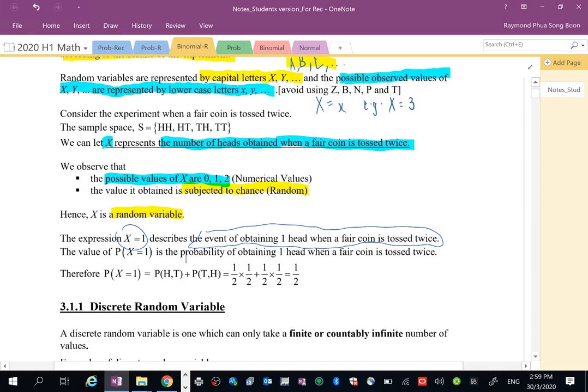We have learned in the previous topic in probability that it equals the probability of head tail plus the probability of tail head. So you substitute the respective probabilities and add the 2 possible cases, and you will get your answer for probability X equals 1 as half. That means the probability of obtaining 1 head when you toss a fair coin twice is half.